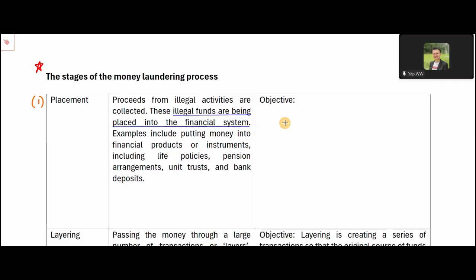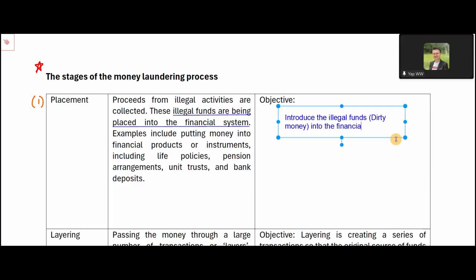So why will people do this? This is the very first stage of money laundering. What is the objective? Simply, the criminals want to introduce the illegal funds, or dirty money, into the financial system. How?